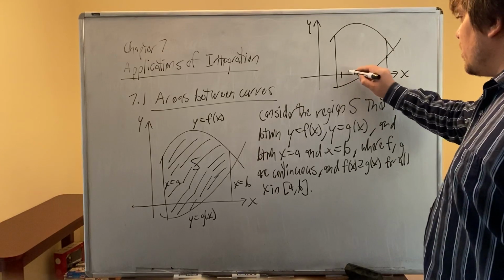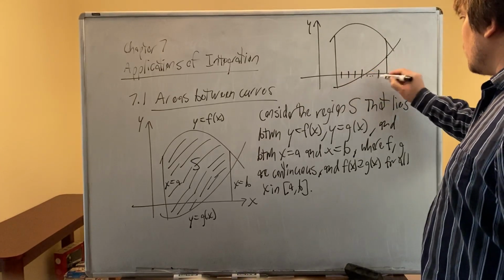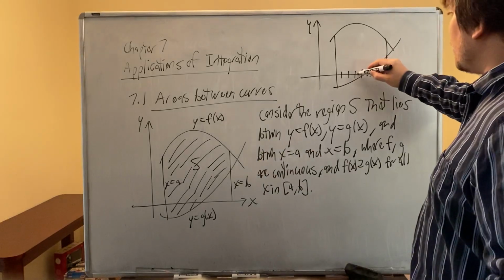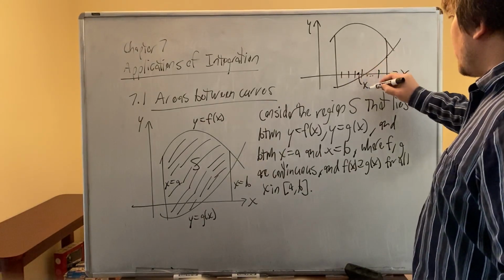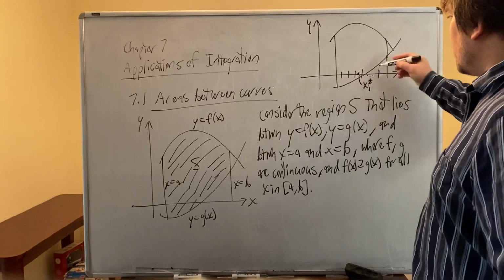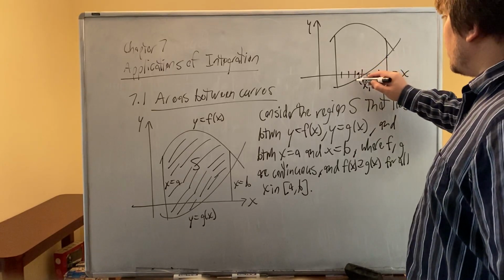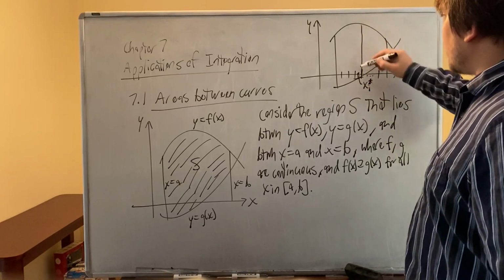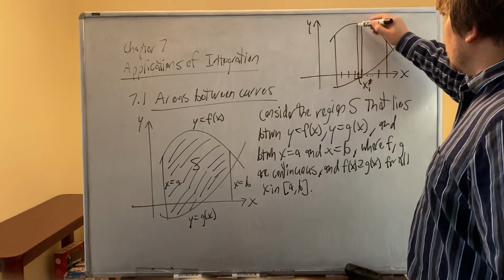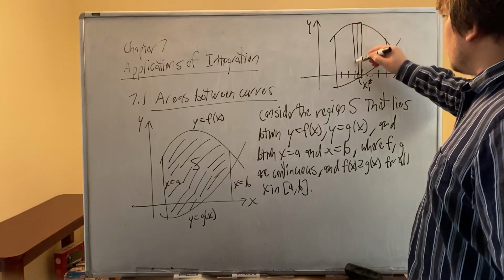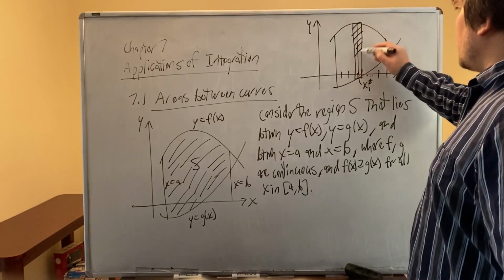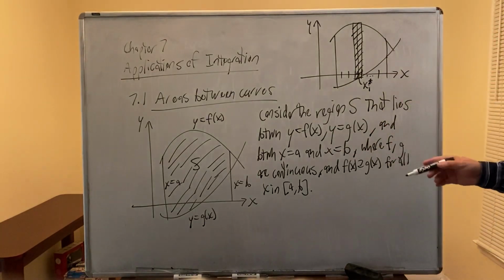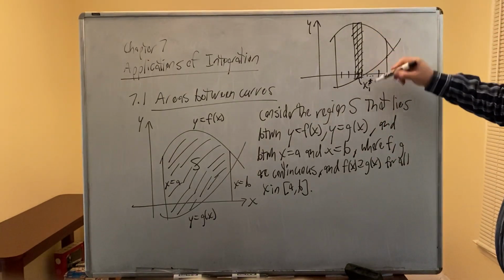this into n subintervals. Okay, so then in each subinterval, I'm going to choose a random point x sub i star, and now you're going to take this approximating rectangle. Okay, so on each subinterval, delta x, you're going to take the height of the rectangle.